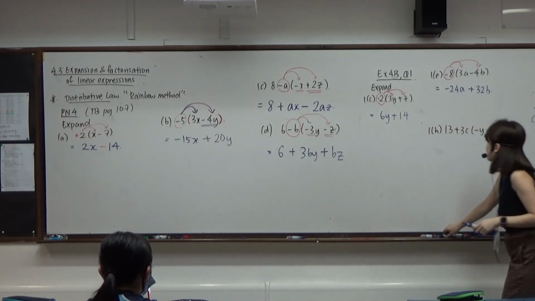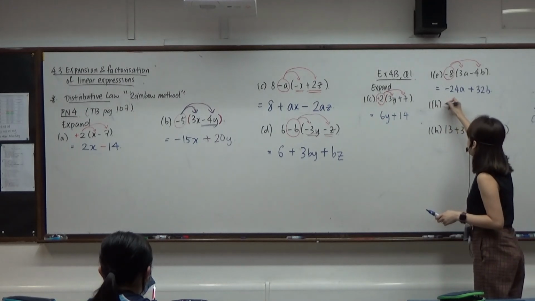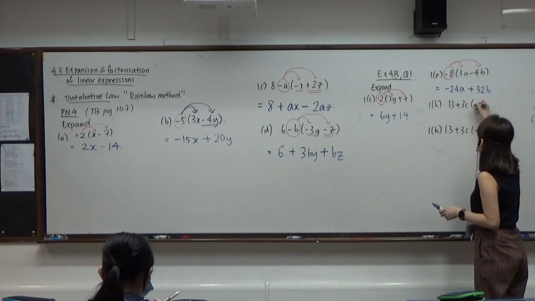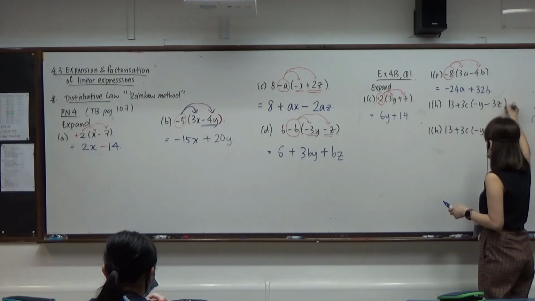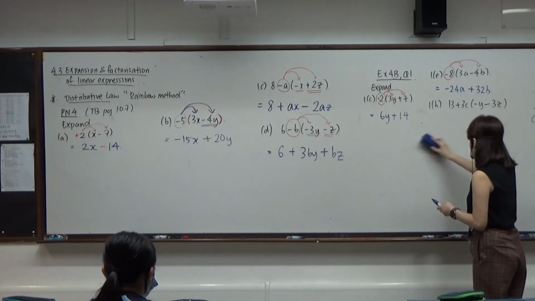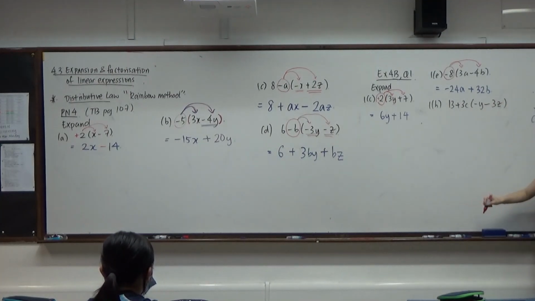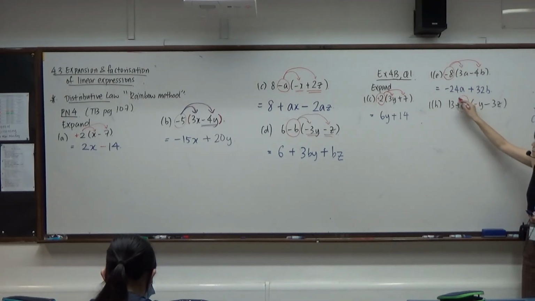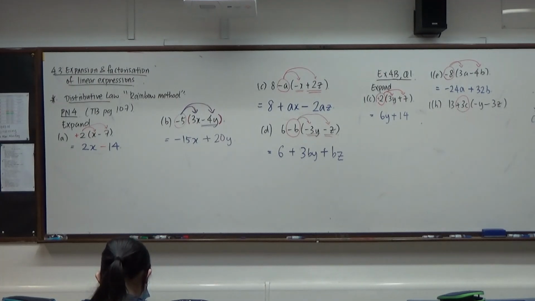Next one, 1h. Let me just move this up so that I've got more space on the whiteboard. Now we only take into consideration the one that is in front, which is the plus 3c. In a moment I'll explain why, because I think just now Zayden was asking me.